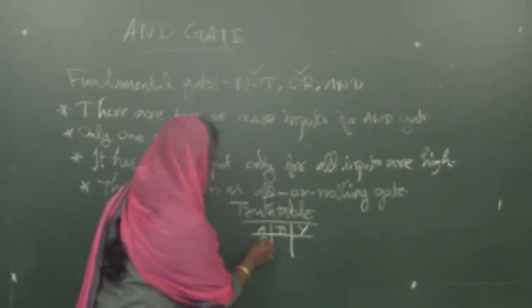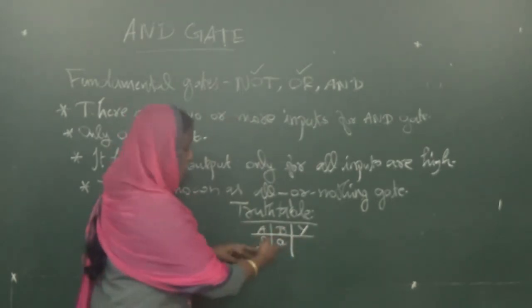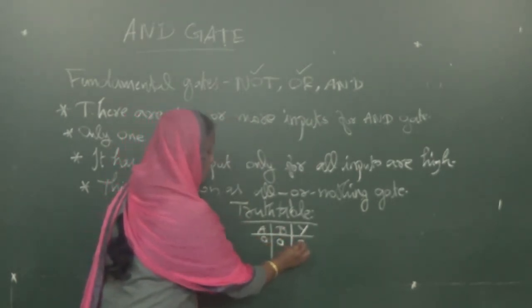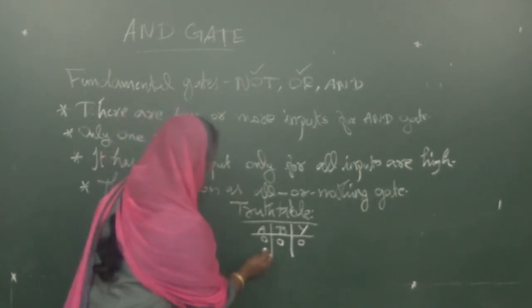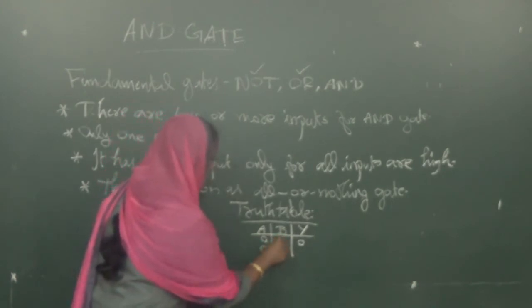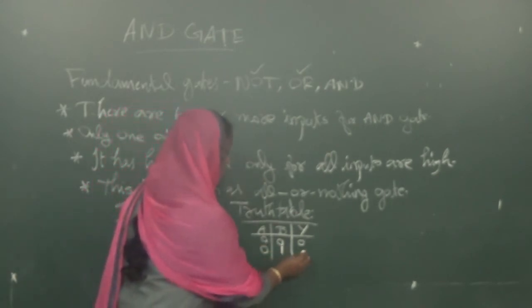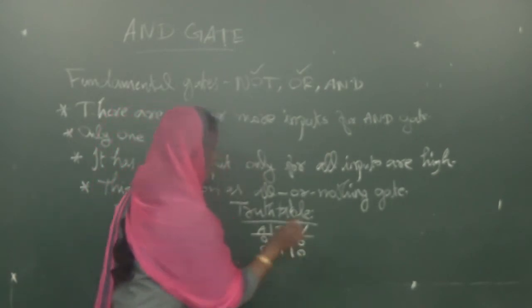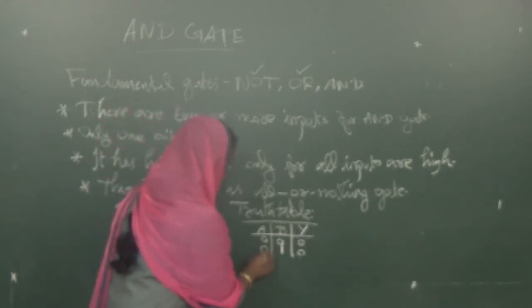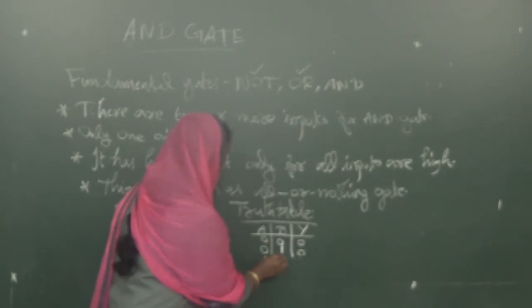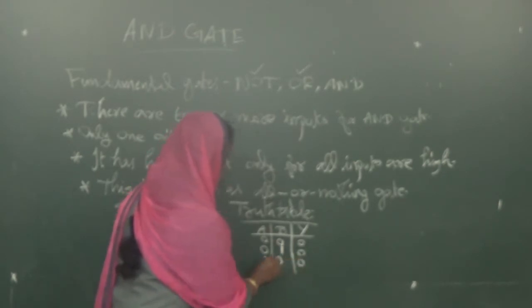So 0 and 0 gives you 0. 0 and 1 gives you again 0. Similarly, 1 and 0 gives you 0 again.